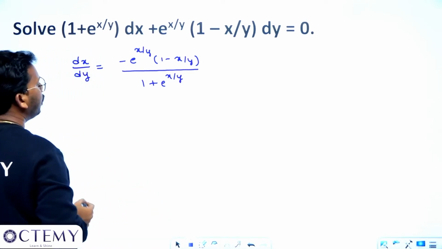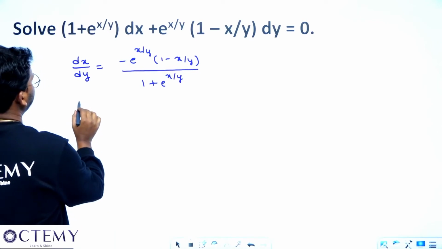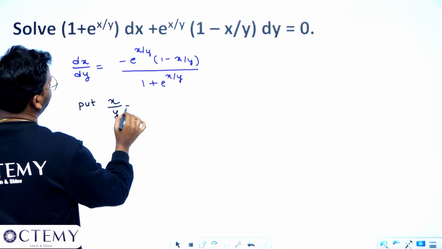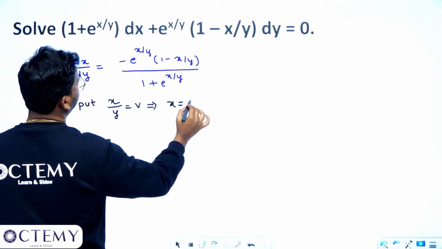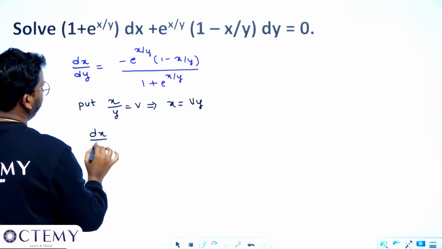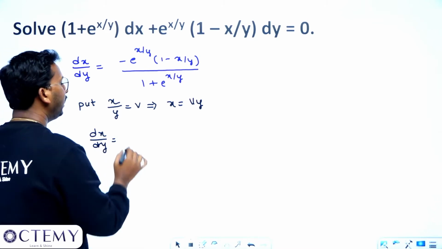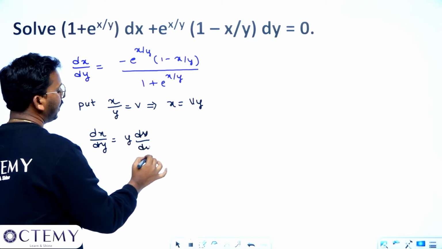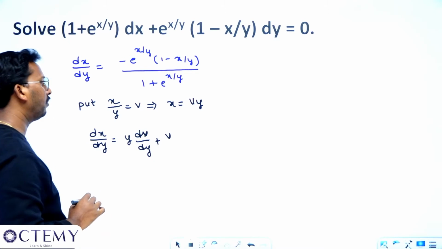Now, since you are writing dx by dy, you put x by y is equal to v, which implies x will become vy. So how can you write dx by dy? When you are differentiating with respect to y, keep y constant and differentiate dv by dy, and keep v constant and dy by dy will become 1, right?